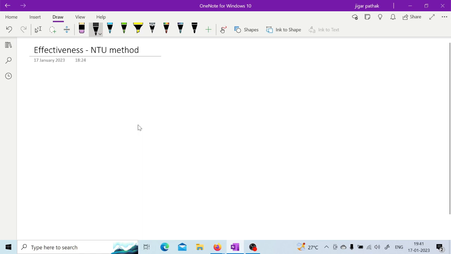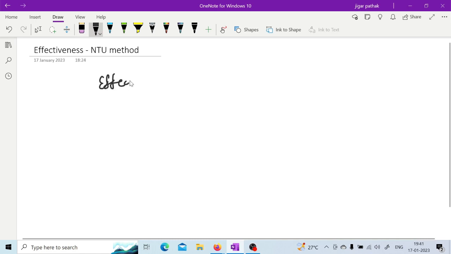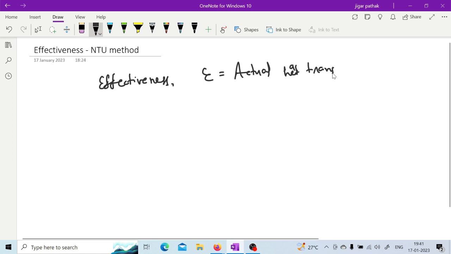So let us see what effectiveness is. Effectiveness of a heat exchanger is given by the actual heat transfer rate divided by the maximum possible heat transfer rate.